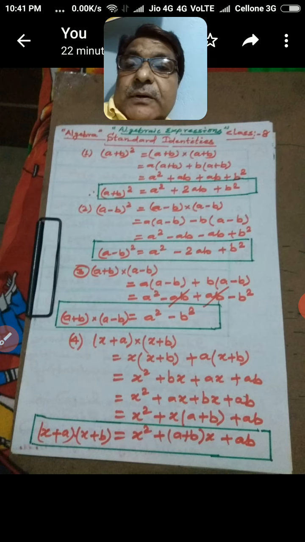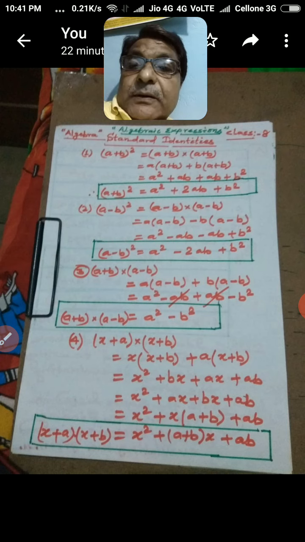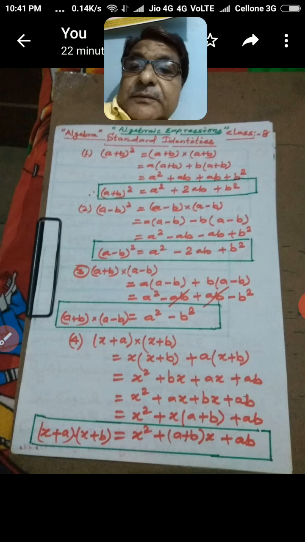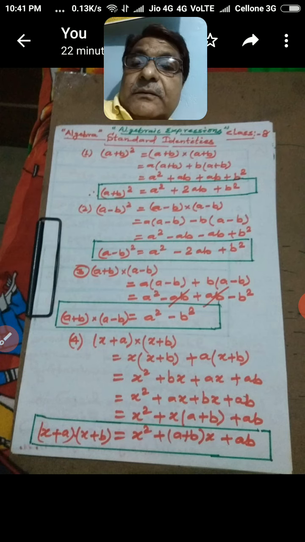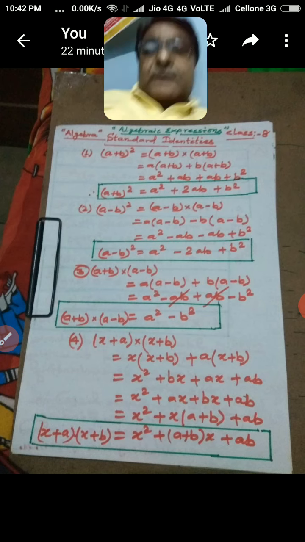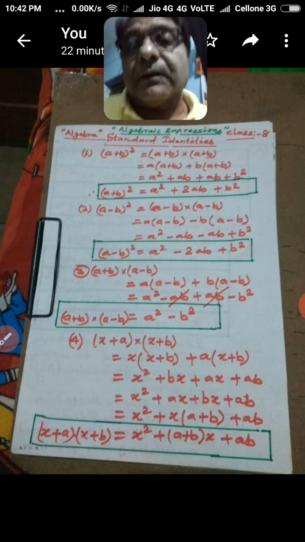You have learned it continuously in class 6 as well as in class 7, some basic ideas of algebraic expression, or you can say in other words, you have the ABC of the algebra section. Okay, students.